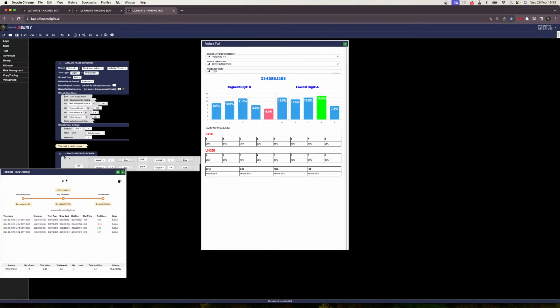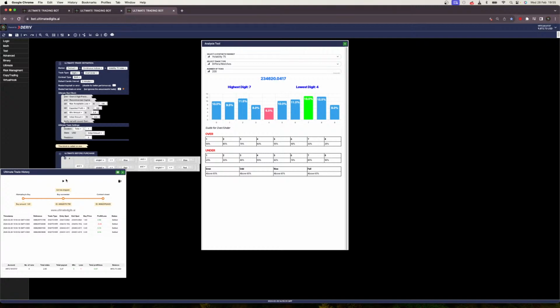We have been able to take 3 trades win and 1 loss. Yeah, so that is not a long term trading binary bot. We just have to find the best optimal point to run the bot on the digit over 2.